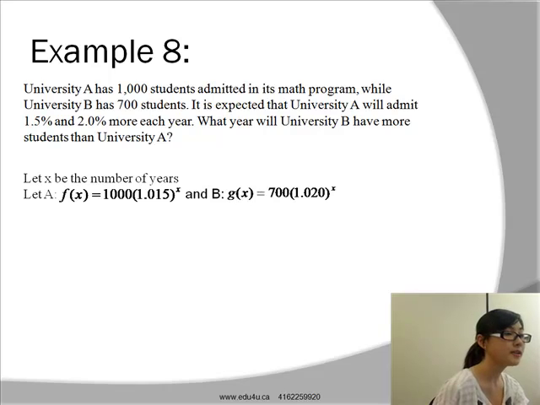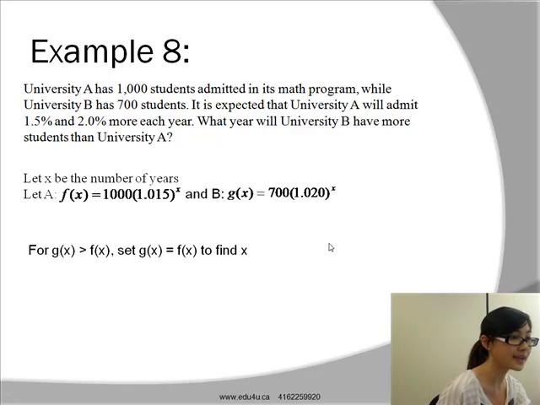Let x be the number of years. Let A, and that's University A, be f of x. So f of x equals 1,000 times 1.015, and that's the rate of increase, to the power of x. And University B be g of x equals 700 times 1.020, and that's the rate of increase, to the power of x.